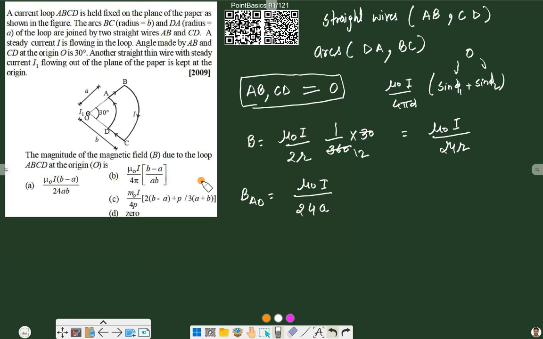Using the right hand screw rule, we can find that the magnetic field around arc AD will be something like this. On the left hand side it is coming upward, and on the right hand side it is going downward. So this field will be out of plane.